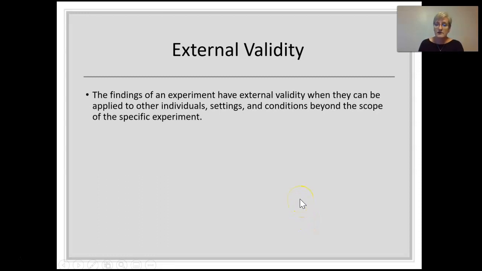Experiments have external validity when you can apply them across individuals, across settings, across conditions that go outside of your original experimental context. So can I take it to other populations? Can I take it to other settings? Can I take my method and vary some of the conditions? That's how you establish external validity.